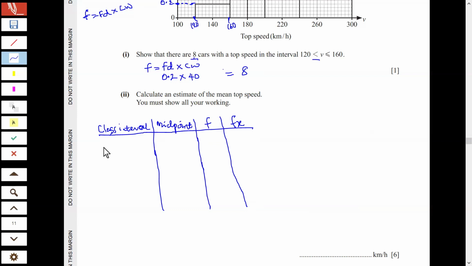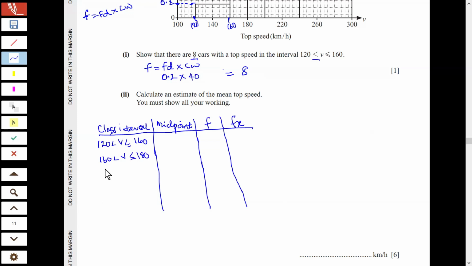First, we have 120 less than V, less than or equal to 160. And we have 160 less than V, less than or equal to 180.